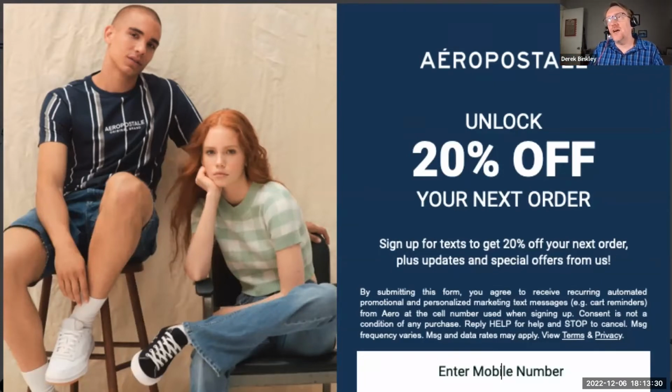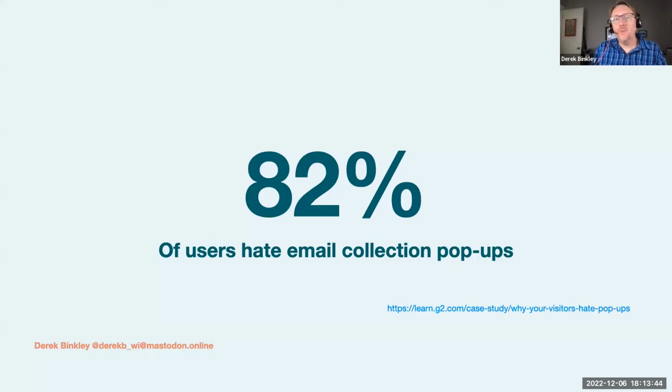So this is just something I'm sure you see a lot. Your website pops up something and says, hey, you get 20% off if you enter your mobile number. This looks great. The problem is that, yes, you are going to collect some information, but in some surveys, 82% of people hate those types of collection pop-ups.